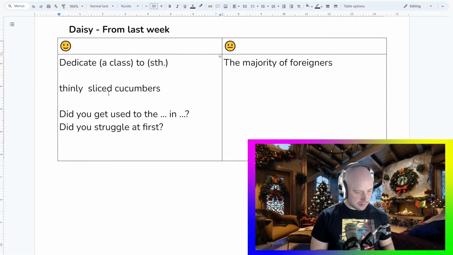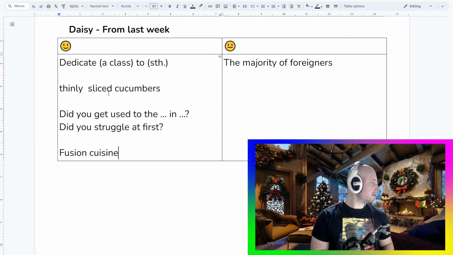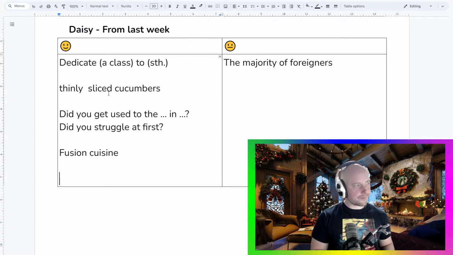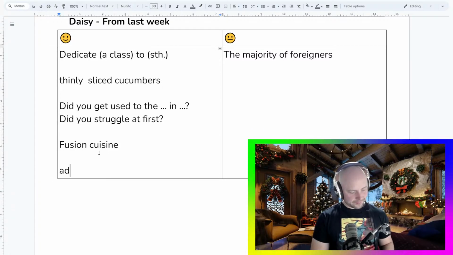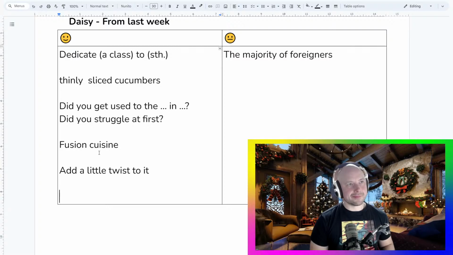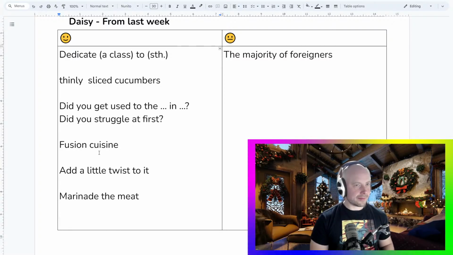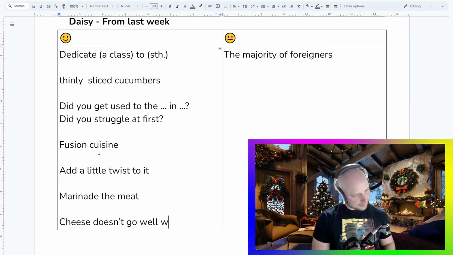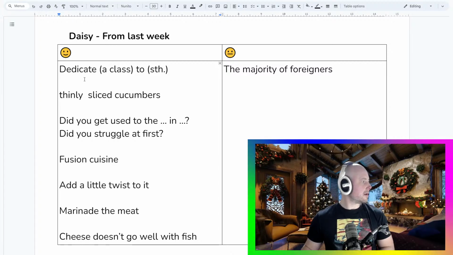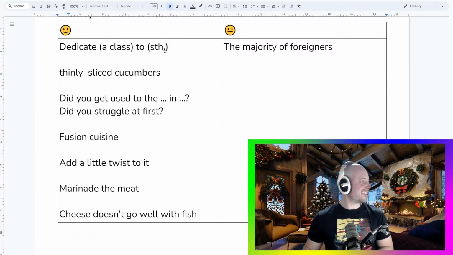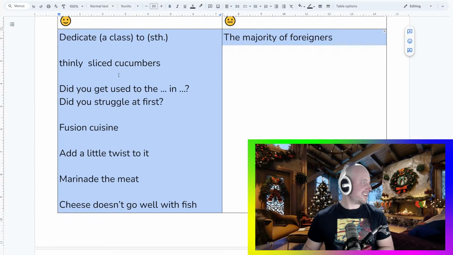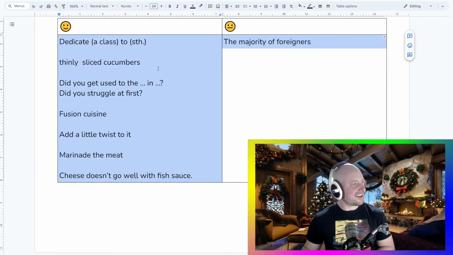To be honest, I used to try to create shepherd's pie based on recipes that I found on the internet, but I added a little twist to it. I used fish sauce and MSG to marinate the meat, and I didn't use cheese because cheese doesn't go well with fish sauce. The taste is gross. But anyway, my dish turned out to be quite good. Alright, that's my request. See you again soon.